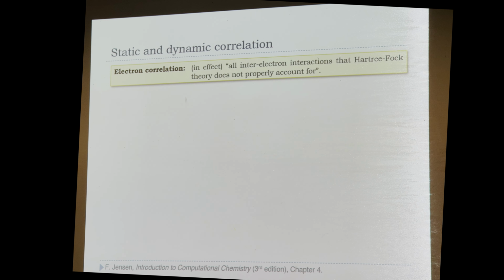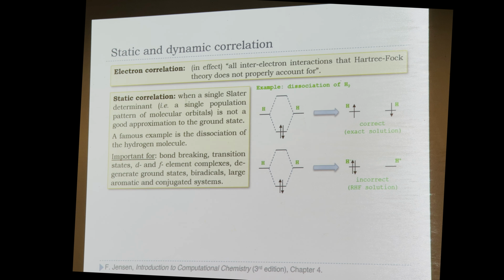And secondly, there are simply Coulomb interactions which moving electrons experience, and therefore they avoid each other as they move. So electron correlation in general in the literature has many definitions, but really it can be defined as all inter-electron interactions that the Hartree-Fock approximation does not properly account for. So everything that the mean field theory fails to correctly capture.